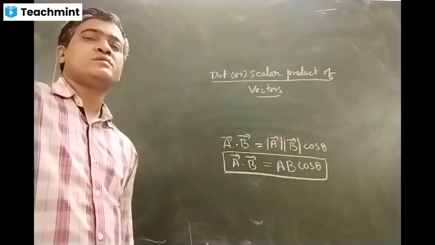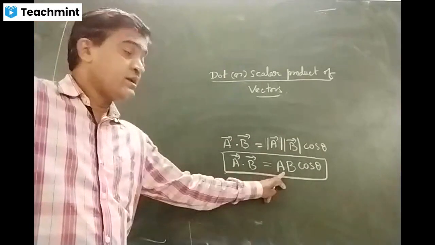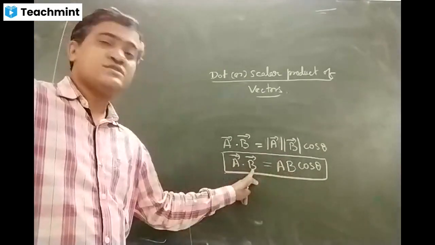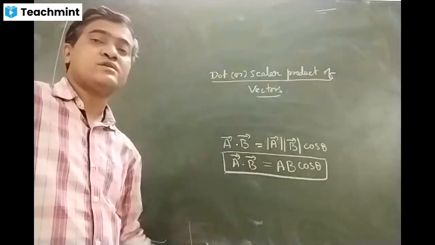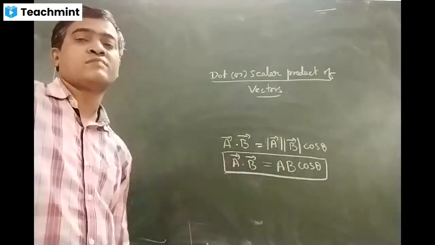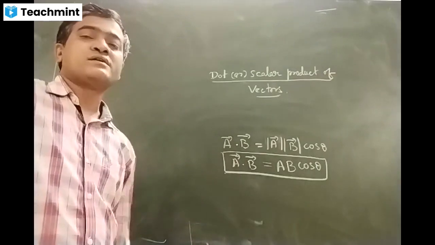A bar dot B bar is equal to A B cos theta, where A is the magnitude of A bar, B is the magnitude of B bar, and theta is the angle between the two vectors A bar and B bar. Now let me show you diagrammatically.